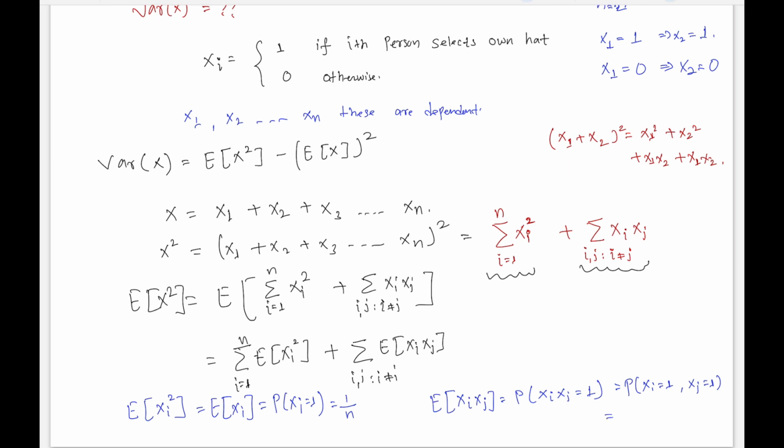And what's the probability of that? These xi and xj are dependent, so it is the probability that xi takes the value 1, times the probability that xj takes the value 1 given that xi takes the value 1.